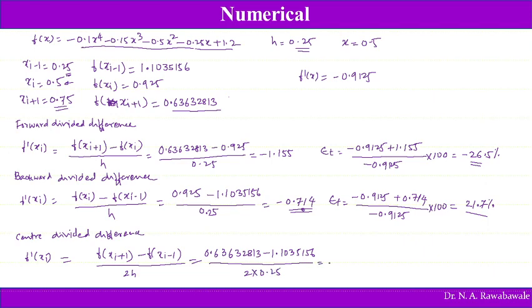So this works out to be minus 0.934. So minus 0.934 is the derivative which we obtained from the center divided difference formula.